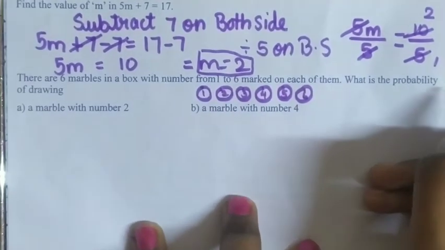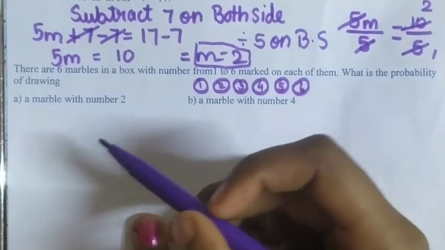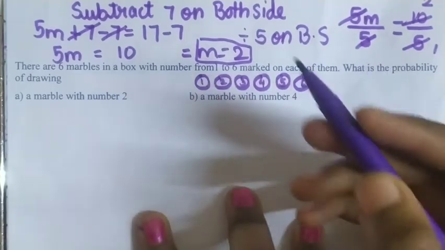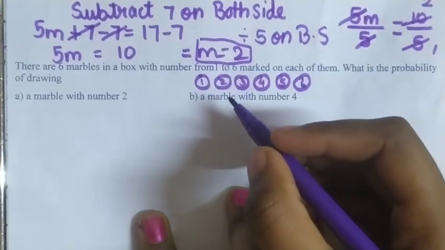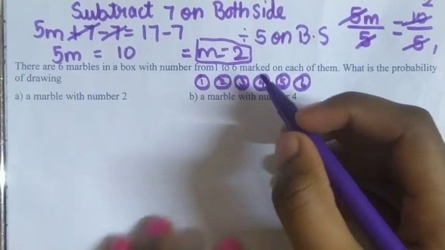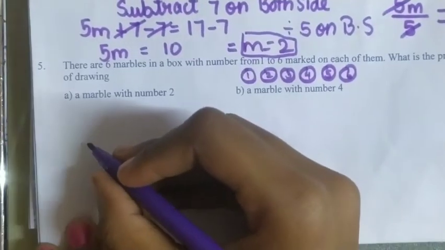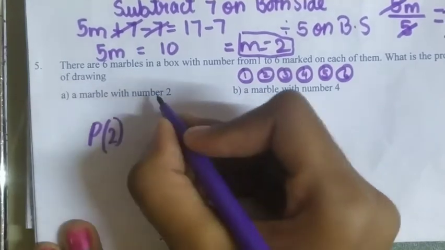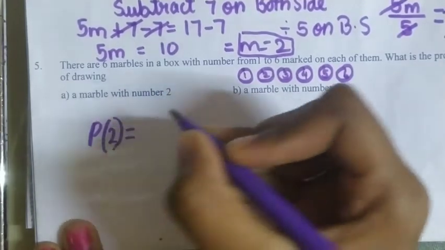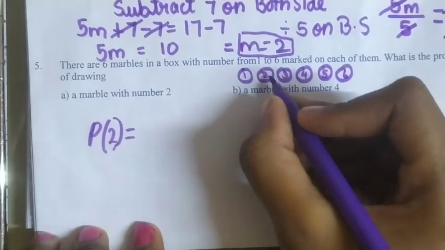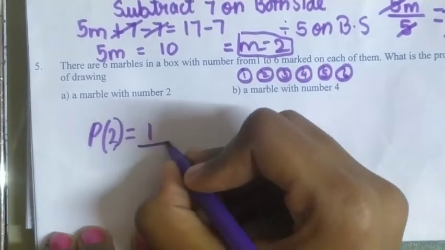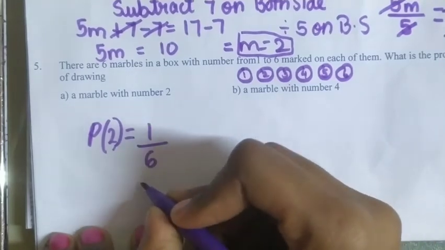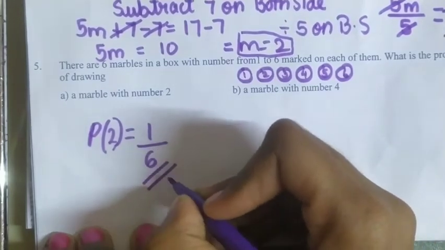What is the probability of drawing a marble with number 2? In how many marbles are written as 2? Only 1. That is probability of number 2 equal to 1 by total 6. So the probability is 1 by 6.